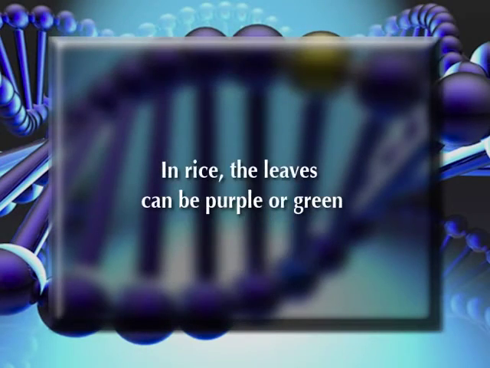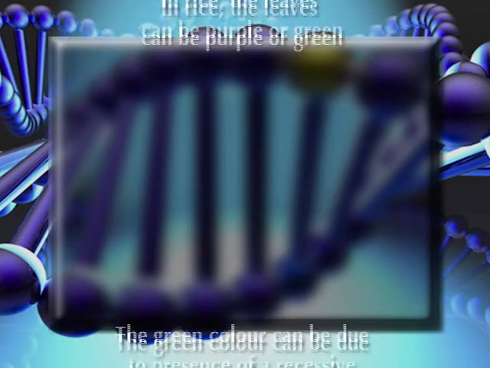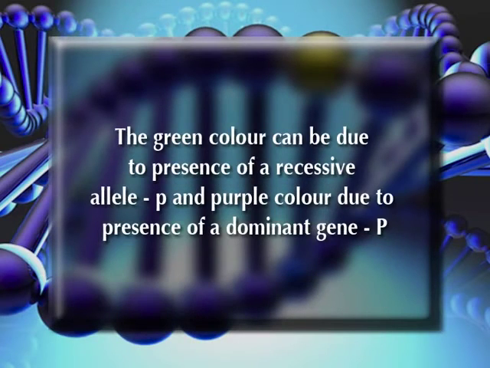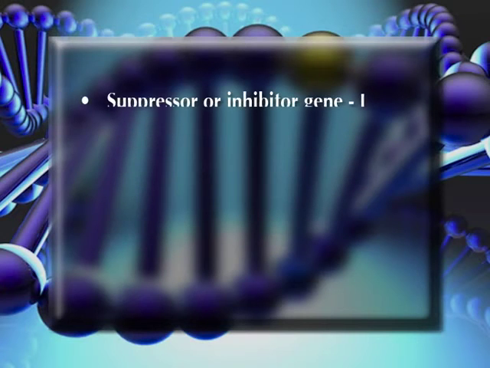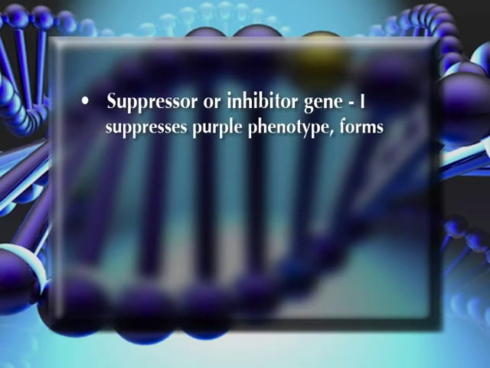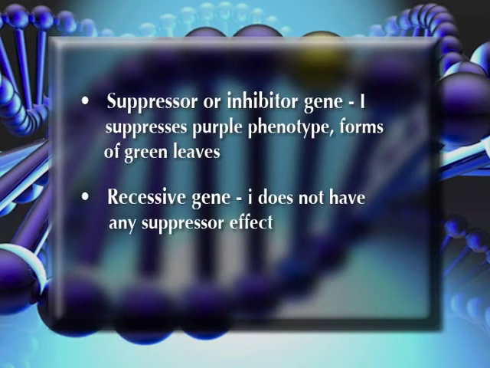In rice, the leaves can be purple or green. The green color can be due to presence of a recessive allele p and purple color due to presence of a dominant gene P. However, suppressor or inhibitor gene I suppresses the purple phenotype and causes formation of green leaves, whereas its recessive allele i does not have any suppressor effect.